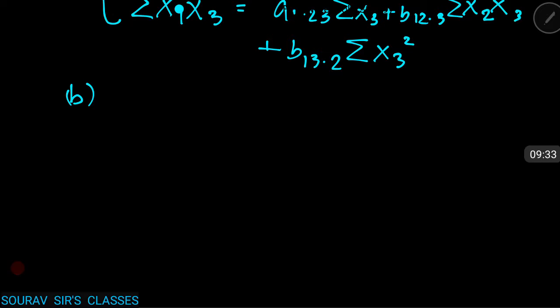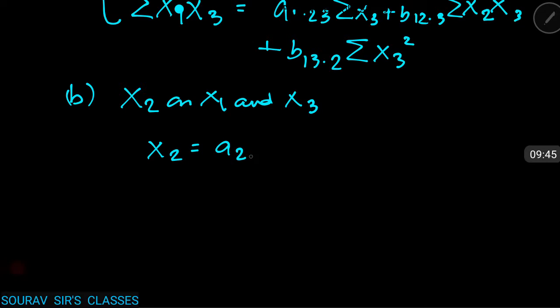The regression equation of x2 on x1 and x3 is x2 equal to a 2.13 plus b 21.3 x1 plus b 23.1 x3.